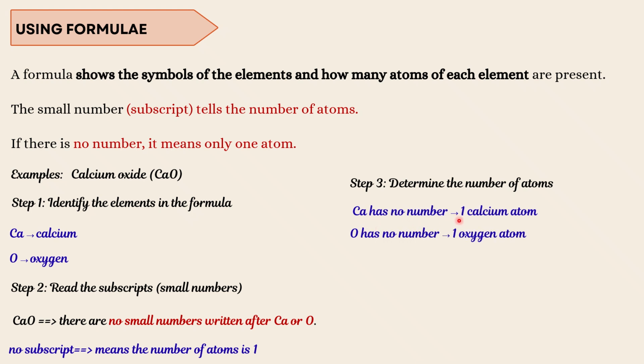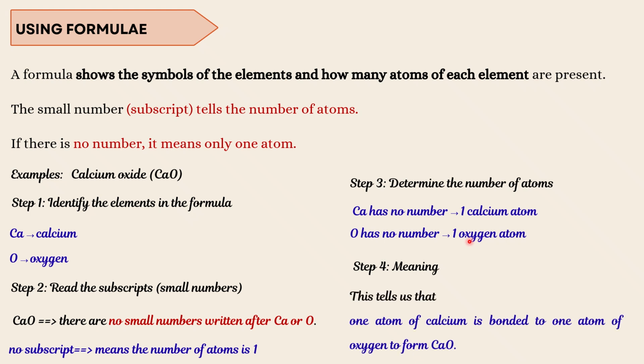This means there is one calcium atom. And since oxygen also has no number, this means there is one oxygen atom. So in conclusion, what is the meaning that I'm getting out of this chemical formula? It tells me that there is one calcium atom which is bonded to one oxygen atom to form calcium oxide. So this is how we take out the information from the chemical formulas given.